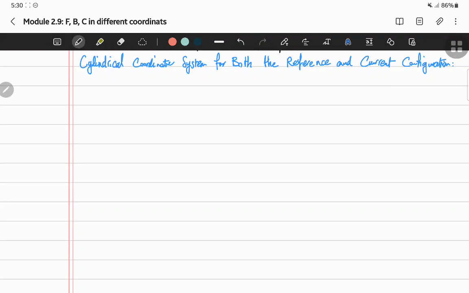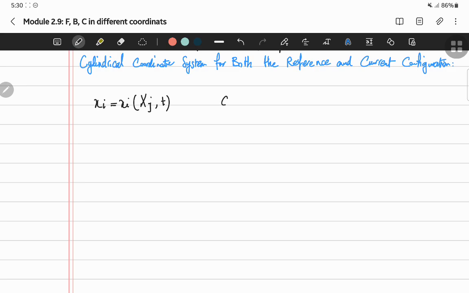So suppose we already said that we have x_i, this is small x, equal to x_i of capital X_j and t. Here, this was for the Cartesian coordinate system, but we can simply extrapolate this to the cylindrical coordinate system.